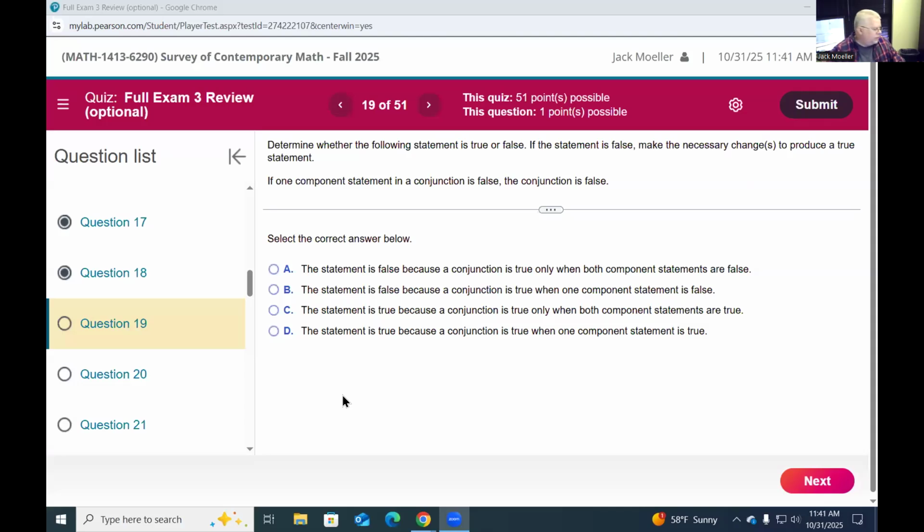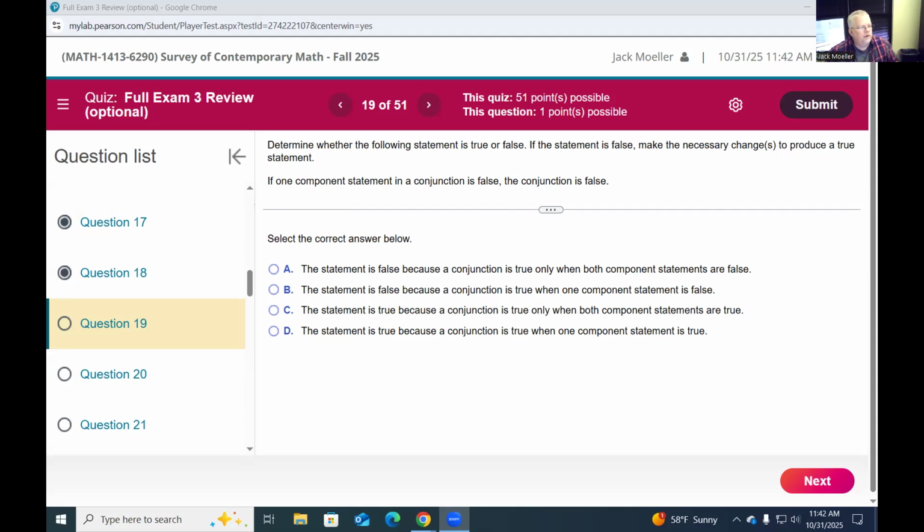All right, so in 3.3, we did full truth tables, but sometimes we only did partial truth tables. Determine whether the statement is true or false. If the statement is false, make the necessary changes to produce a true statement. So if one component statement in a conjunction is false, the conjunction is false. What does that mean?